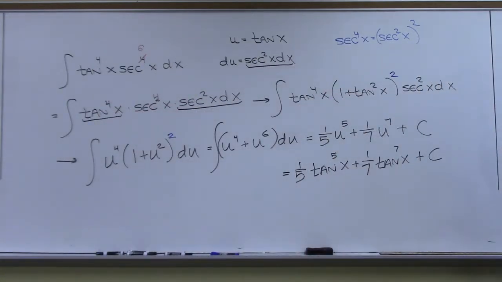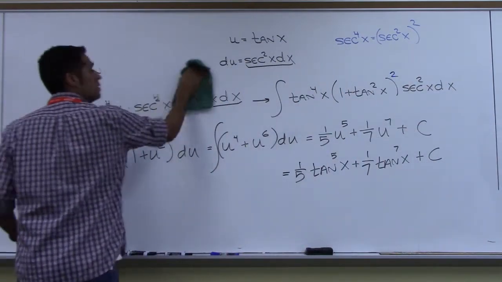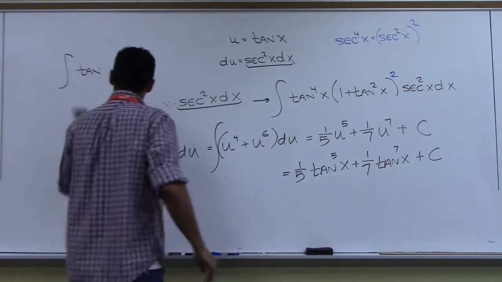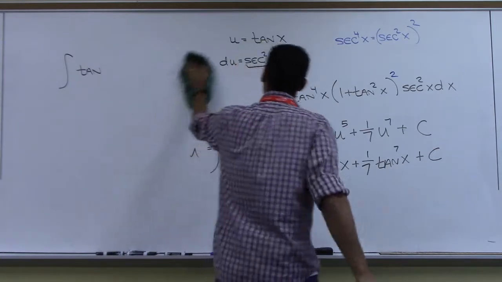On the next example, we're doing part B here. We have tangent to the fifth secant cubed. So can we use the first technique again of peeling off a secant squared?